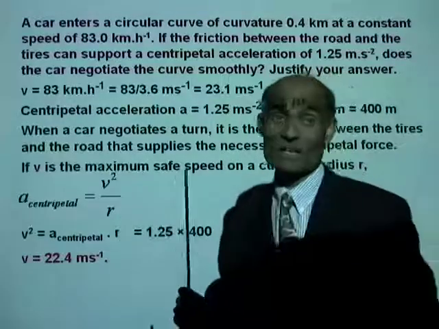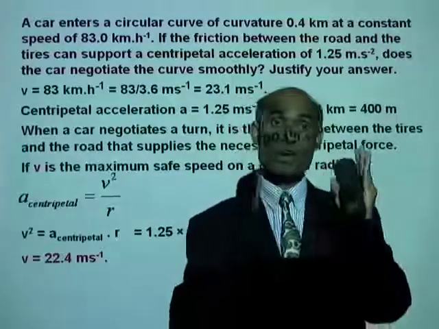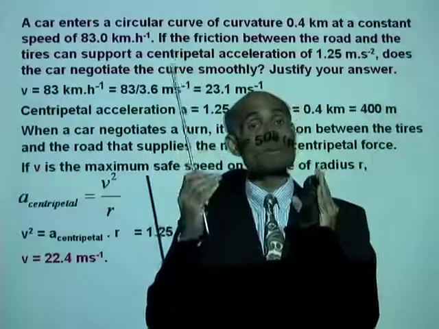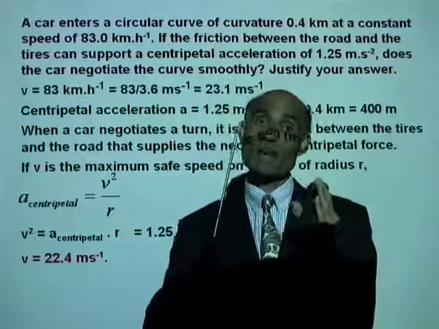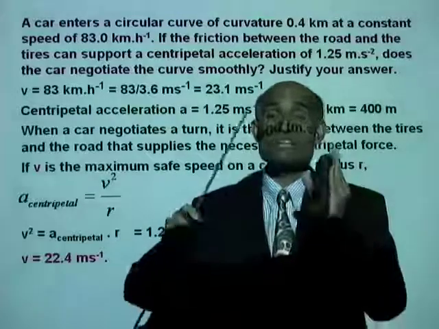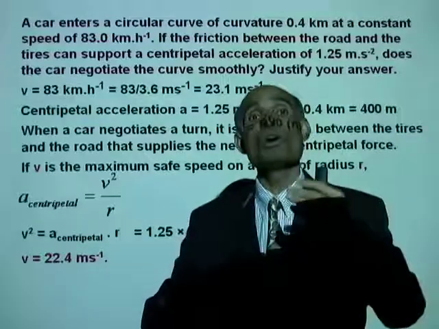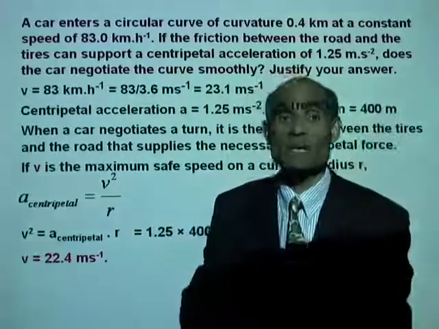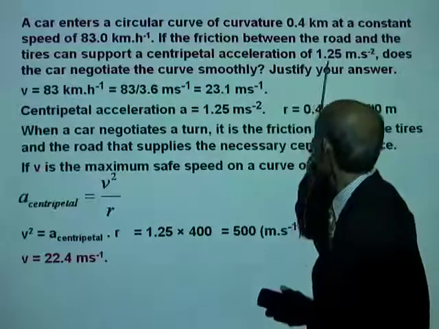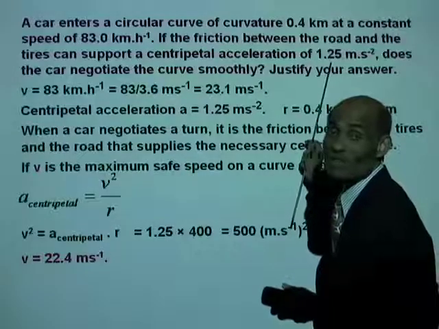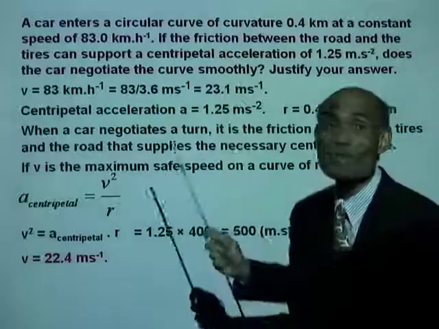Is that right? Now, every time you see a curve, you see a speed limit there. You are not allowed to go above that speed. That is the maximum safe speed for that curve. If you exceed that speed, you are then asking for a greater centripetal acceleration which may not be there.